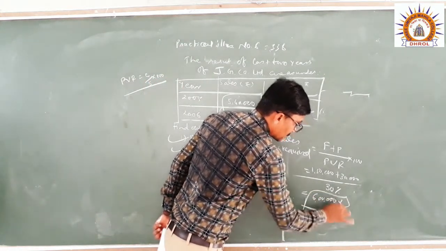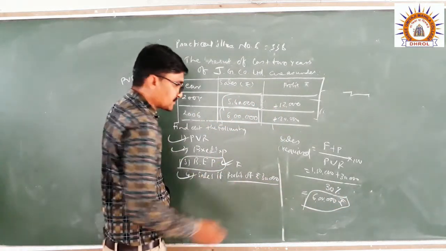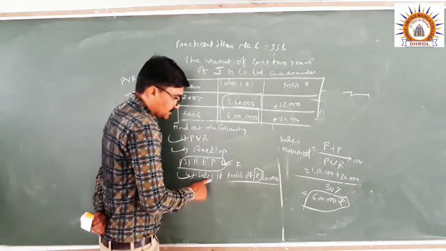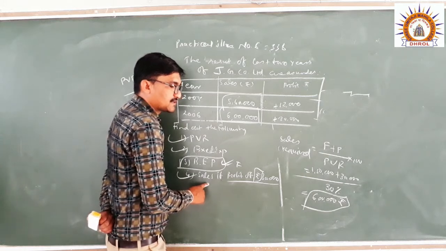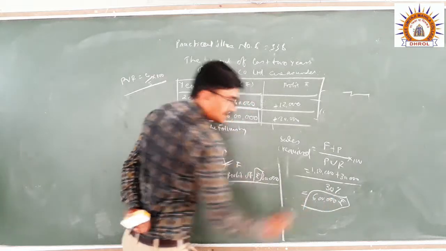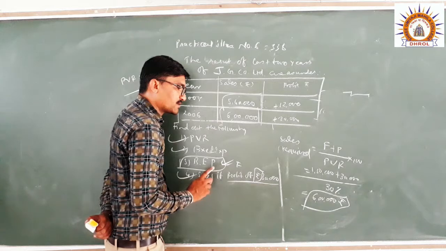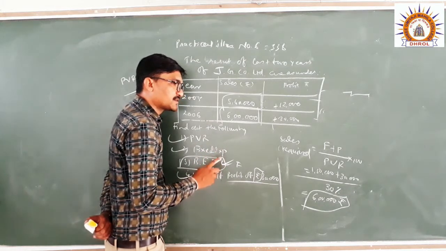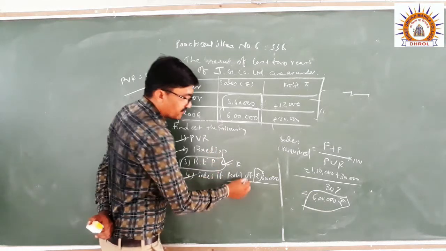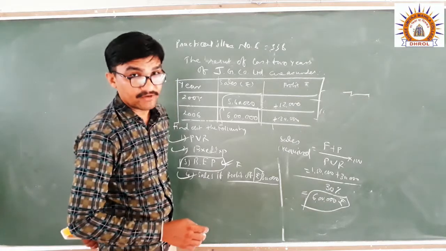Find out the sales if the profit is rupees 30,000. The answer is always in terms of rupees. If the specification is not given and the profit amount is not given, then find out the sales in terms of units.